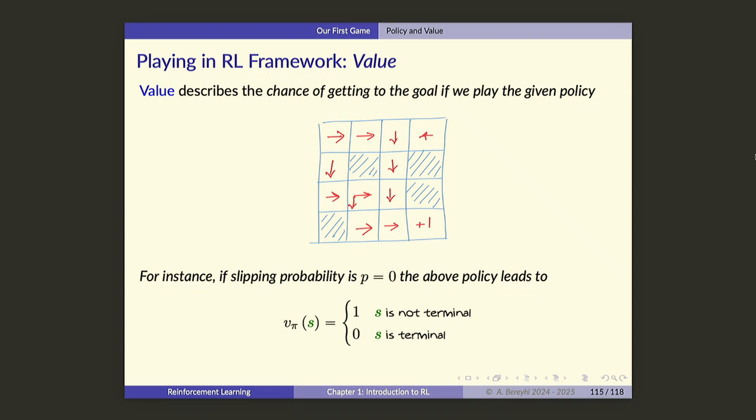If this is a terminal state, you're going to end up with 0, obviously. And this is going to be your value function when the probability of slipping is simply 0, right? Yeah, you can, gamma equals 1, yeah. Everybody's clear? So that is the value of every single cell for this policy.